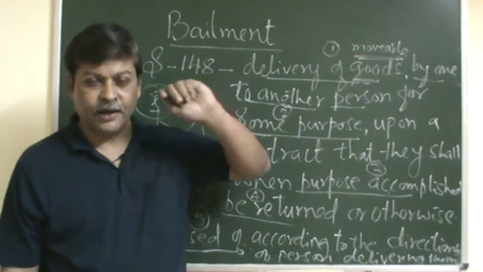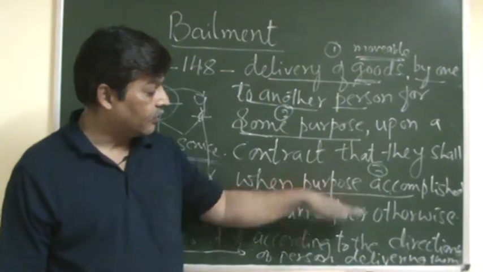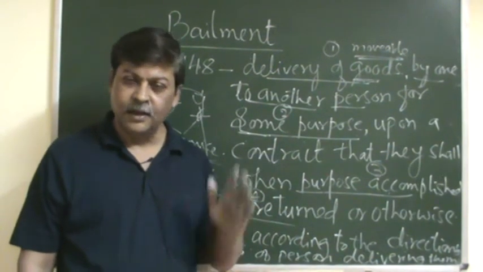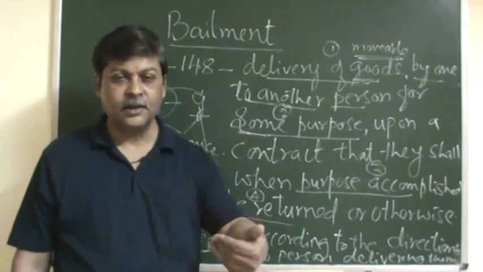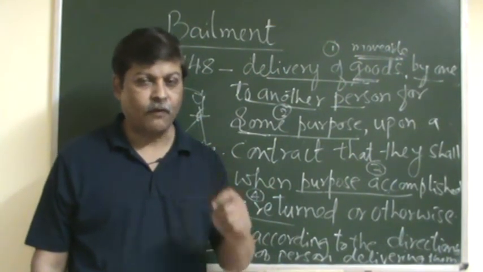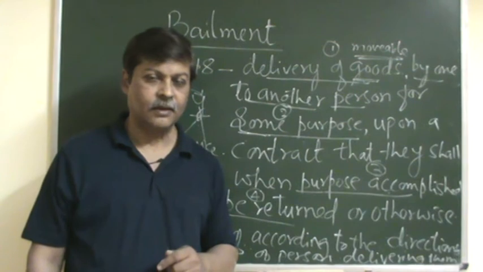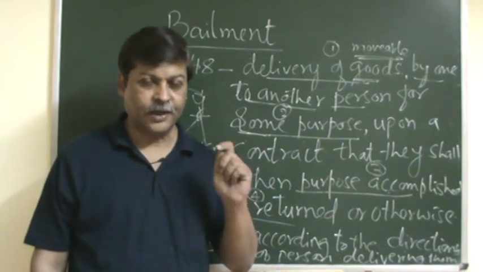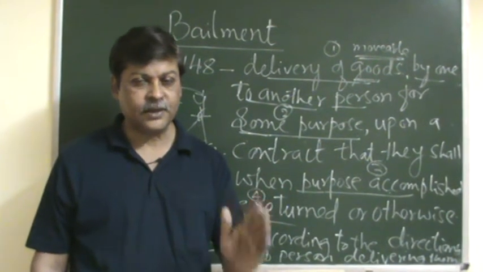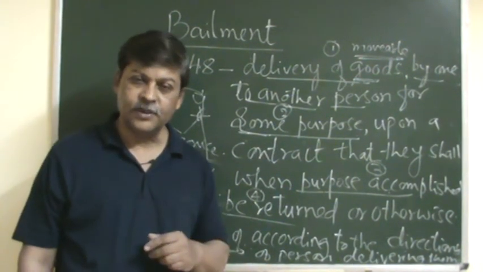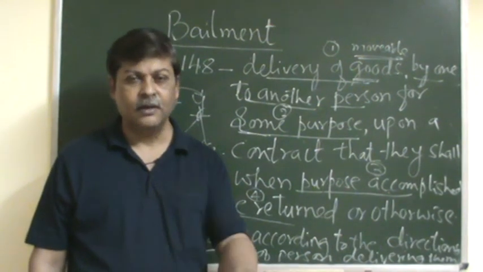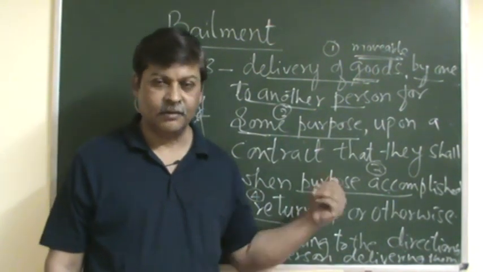Section 148 of the Indian Contract Act gives the definition of bailment, so keep this in mind. In the next class I will discuss the rights and duties of a bailor. First we will give the meaning of a bailor, then discuss his rights and his duties in the contract of bailment. I will start that in the next class and we will continue.